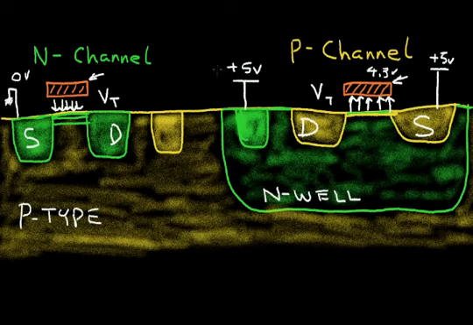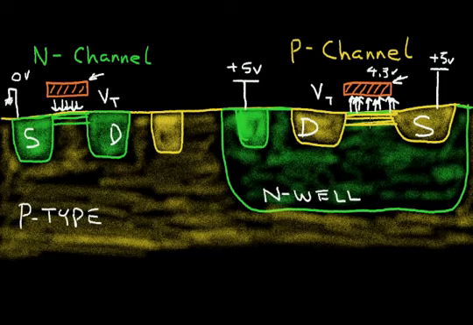region. Now, as we decrease the gate voltage relative to the source even more, we make this electric field stronger, and that pushes this channel region down further into the silicon.